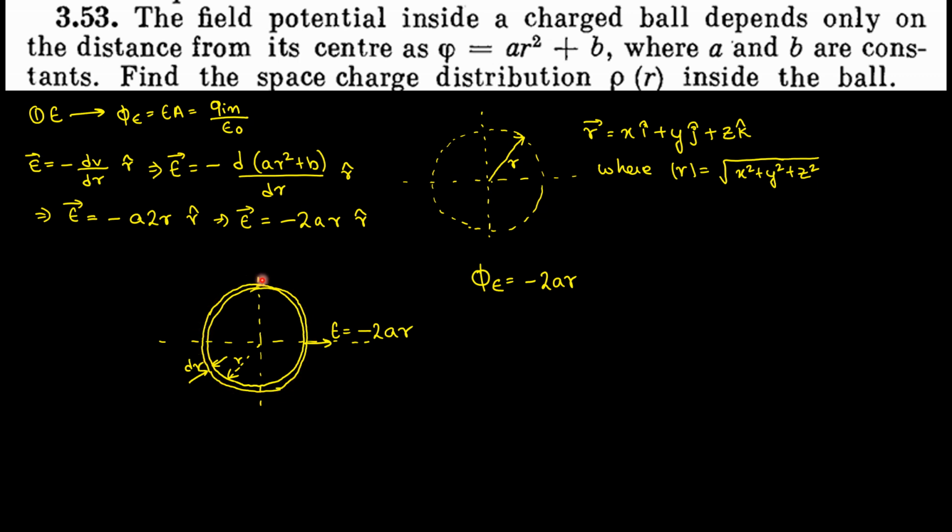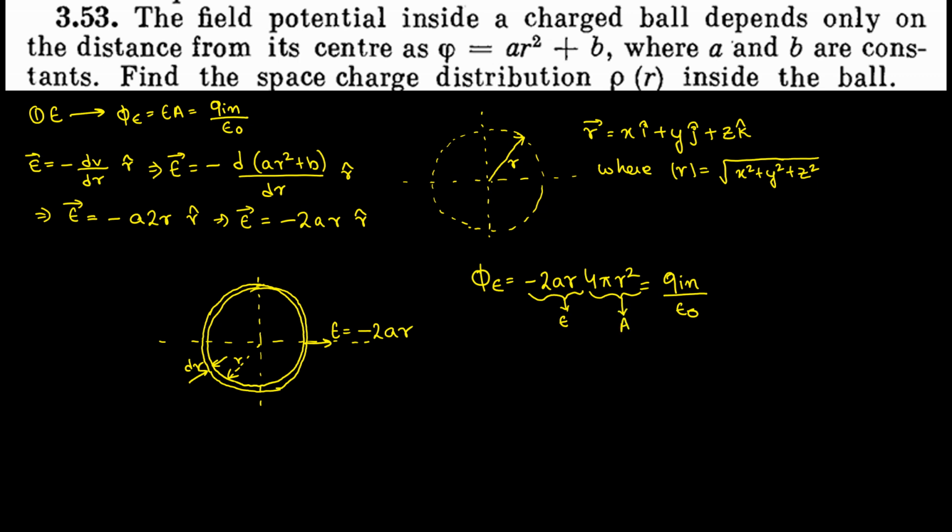The Gaussian surface area is 4 pi r square, the same as the surface area of a sphere, and this is equal to Q inside by epsilon naught. This is the electric field, and this is the Gaussian surface area.